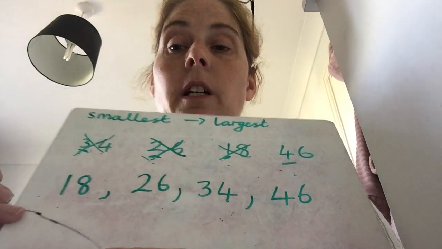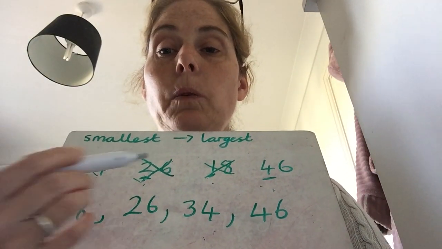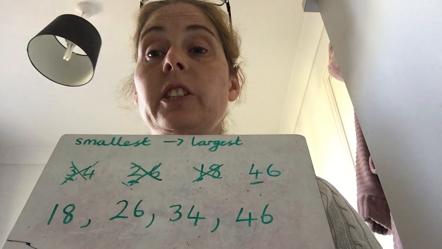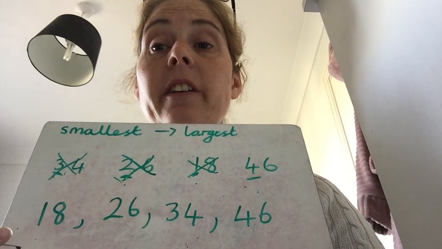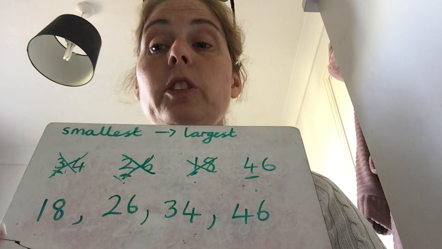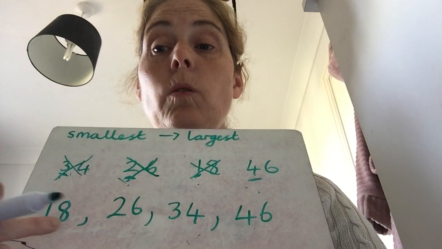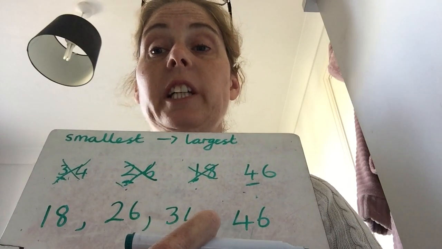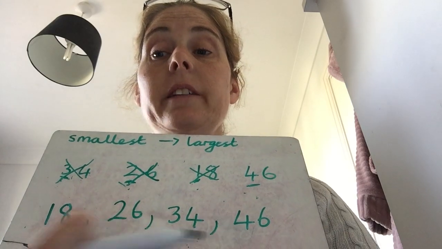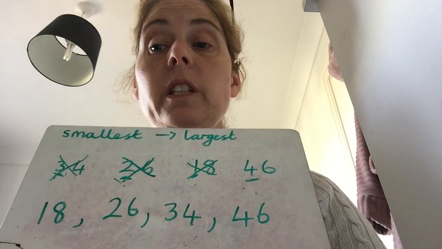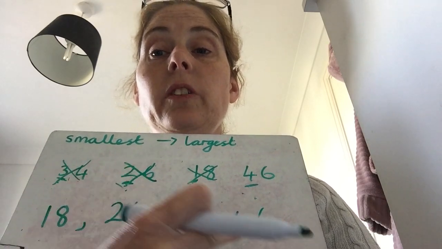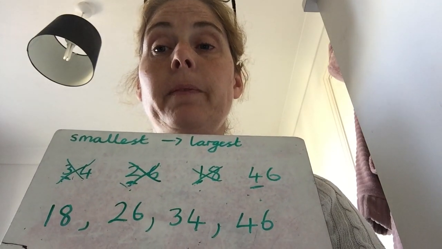So now all of our numbers that were written in just a random order have now been put in an order from the smallest all the way up to the largest. And this is called ordering numbers. So we've ordered from the smallest to the largest.